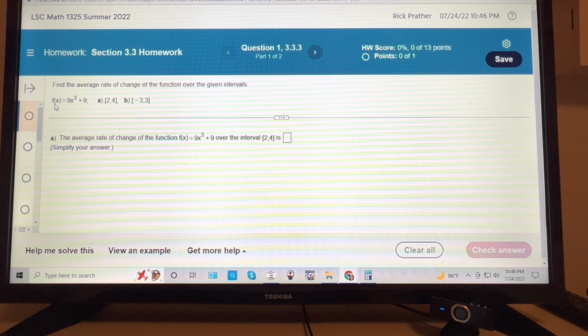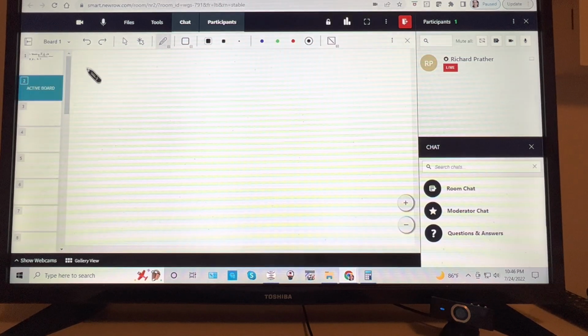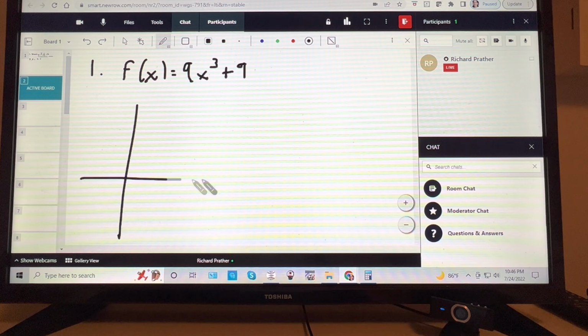So let's say our function is 9x to the third plus 9. This is problem number 1. F of x is 9x to the third plus 9. This is a graph that sort of looks like this.